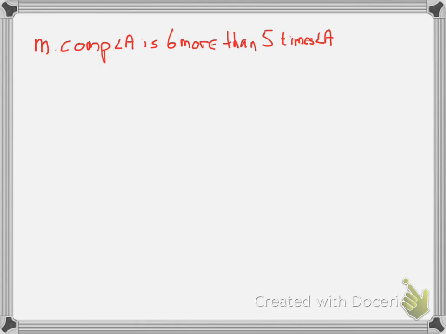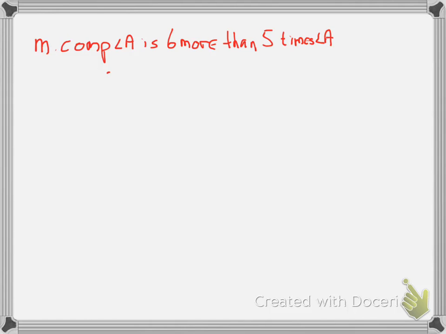On number 43, it says the measure of the complement of angle A is 6 more than 5 times angle A. And we're supposed to find the measure of angle A. Well, there's more than one way to do this, but the way I gave you in class is always let x be the angle.